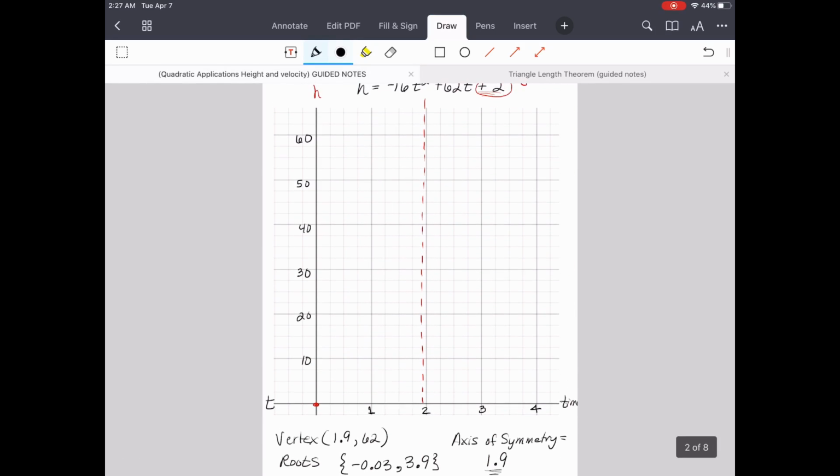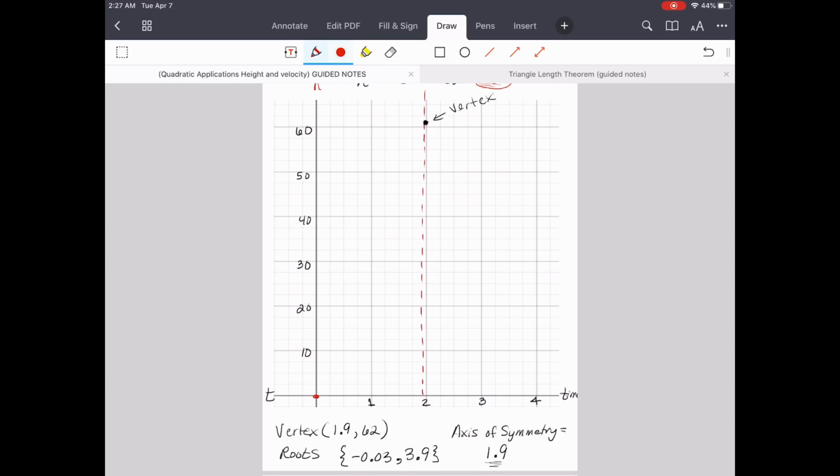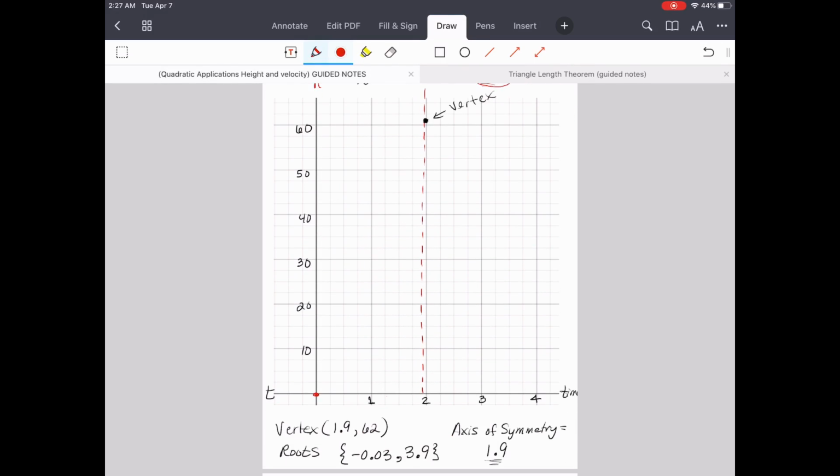And so 62 is just going to be a little bit above. I'm just going to guesstimate that it's right there, and that's your vertex. Another thing, I didn't write this down, we talked about it. Another important thing in this problem is that we figured out our y-intercept, which was 2.